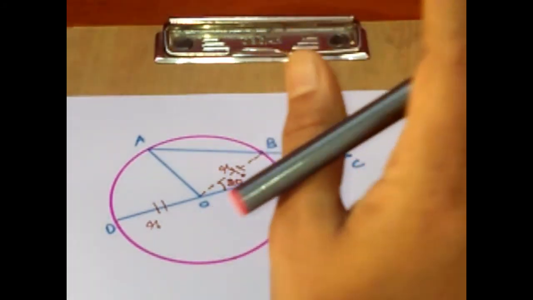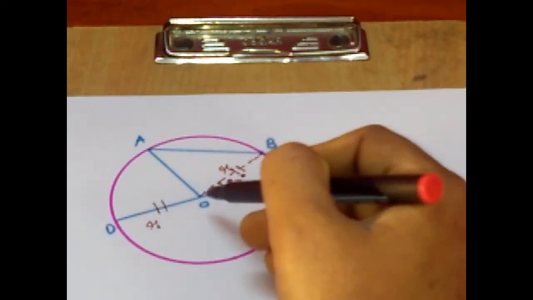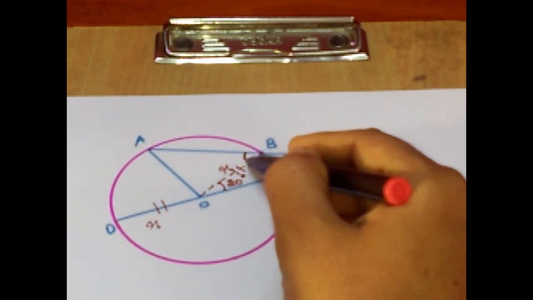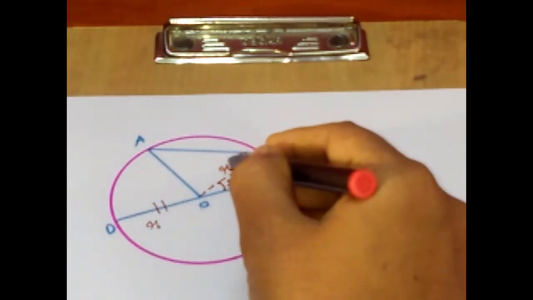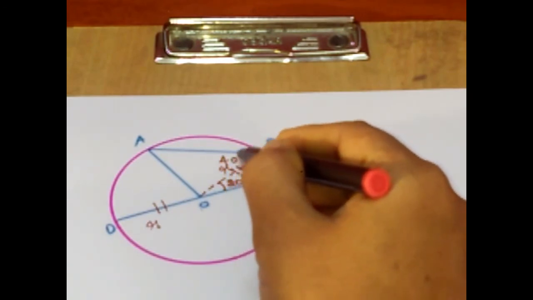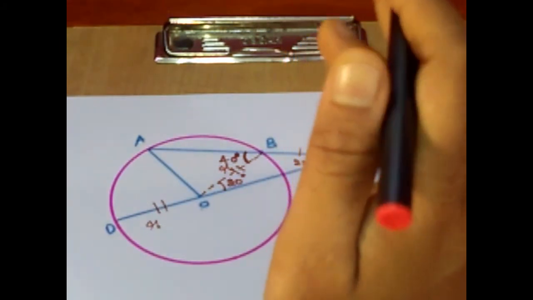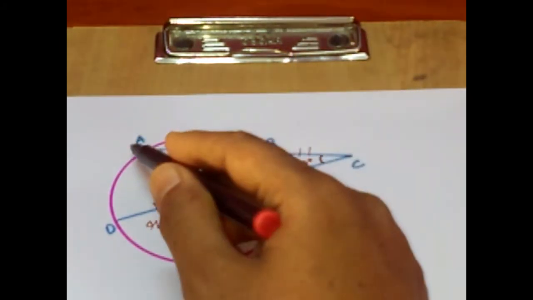Next, point number 2. If we consider the triangle BOC, so at the point B, I can have an exterior angle. Sum of these two angles 20 plus 20 will be equal to 40 degree. This is point number 2. Point number 3. OB is equal to OA.